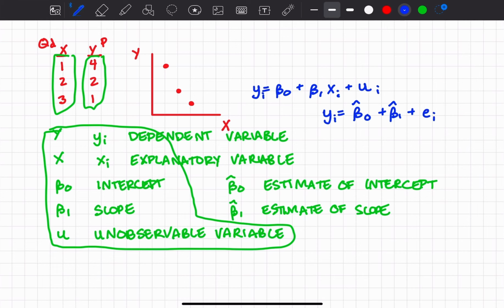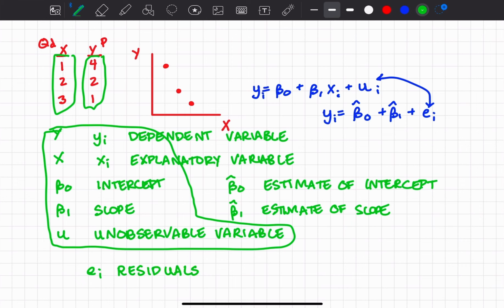Just to keep these really, really different. And this is a big focus in the class, the difference between u and e. E is, I guess, our estimate of u, but ei is something we call our residuals.